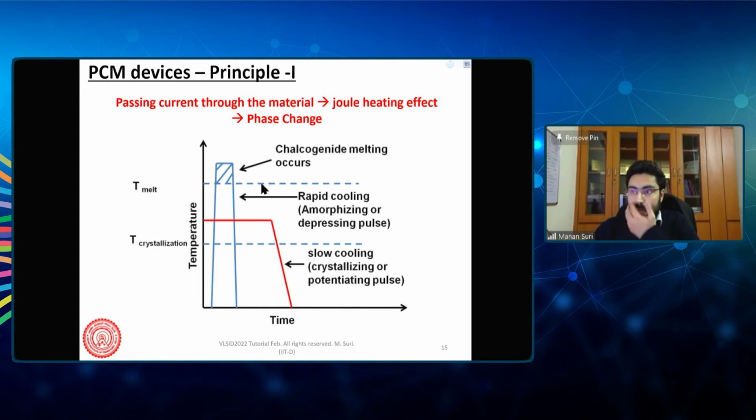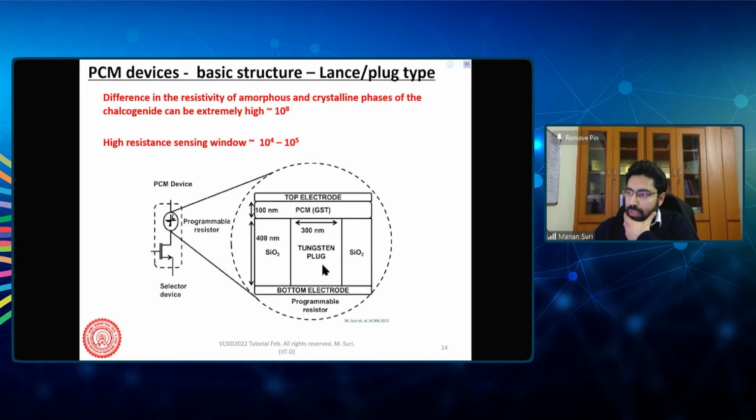Okay. And this tungsten plug, which is also known as the heater, let me elaborate a bit more on why we call it the heater. In the assembly over this layer, you do two forms of engineering.